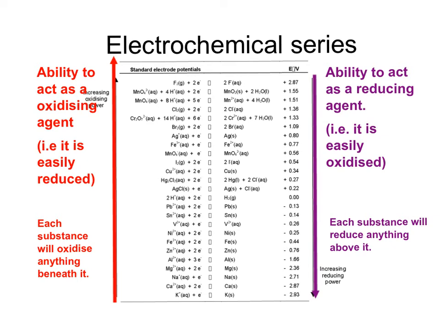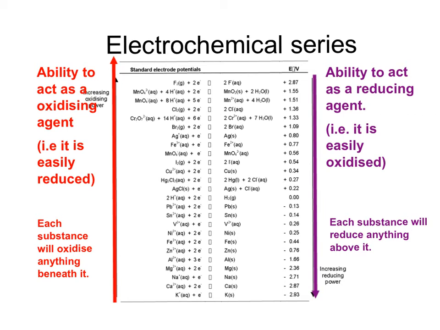Now, we don't need to learn these. We will be given this information in the exam question, but we've got to understand what the information means. Now, you've got a copy of this electrochemical series on page 15. Now, we're going to add in the labels, but take care as you add in the labels that you understand exactly what you're adding in.